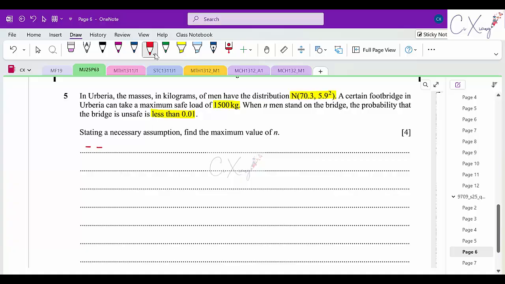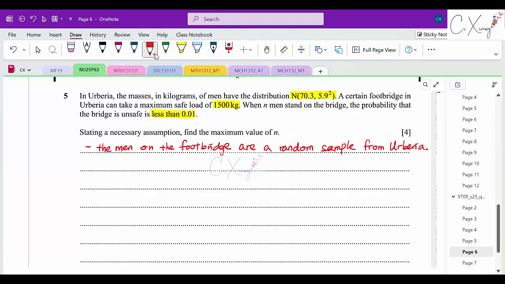So you can say that the men on the footbridge are a random sample, or are selected randomly, from the country. Then after that, let us start the calculation.